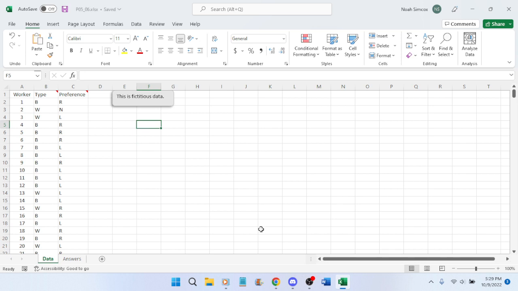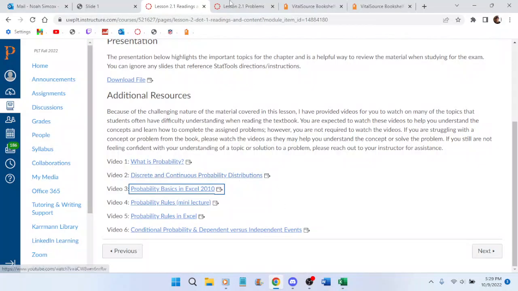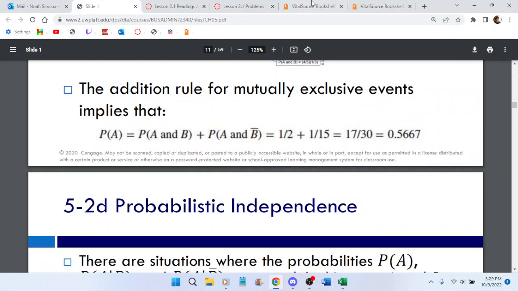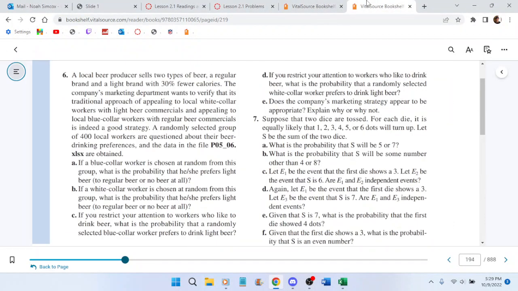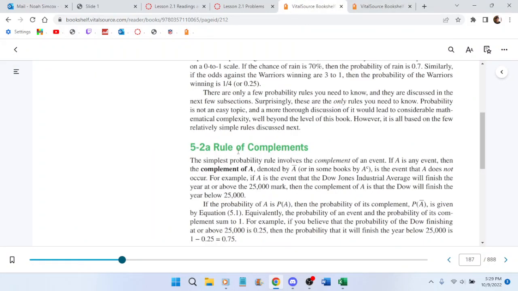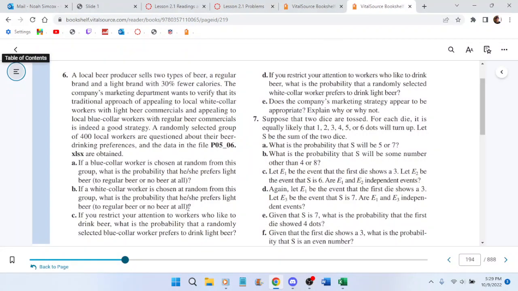This is not fair. It was not explained in the book at all how to do that. It was not explained.